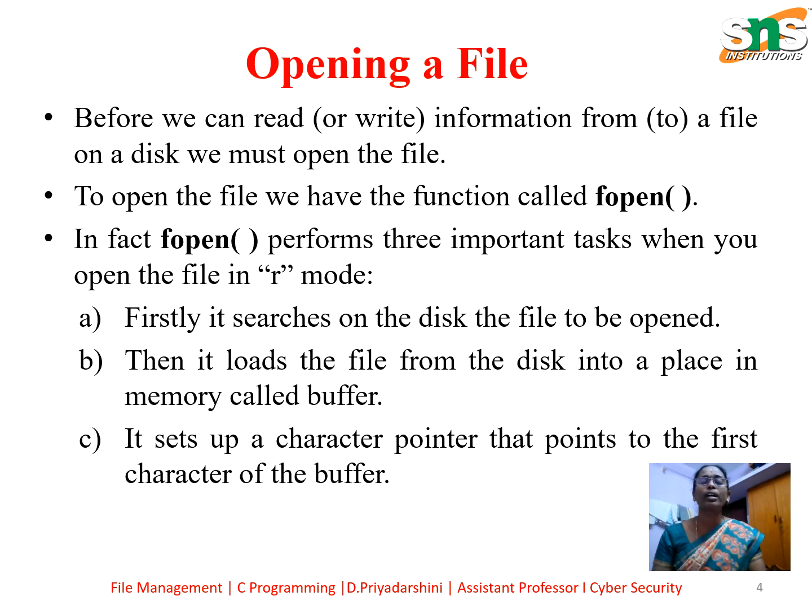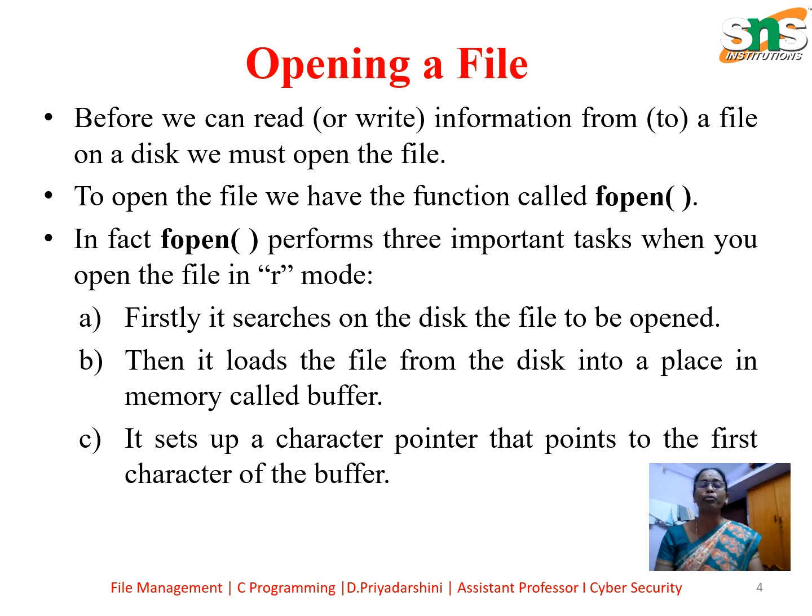Opening the file is mandatory before we do any operations inside the file. Before we read or write information from or to the file on the disk, we must open the file. To open the file, we have the function called fopen, that is file open.